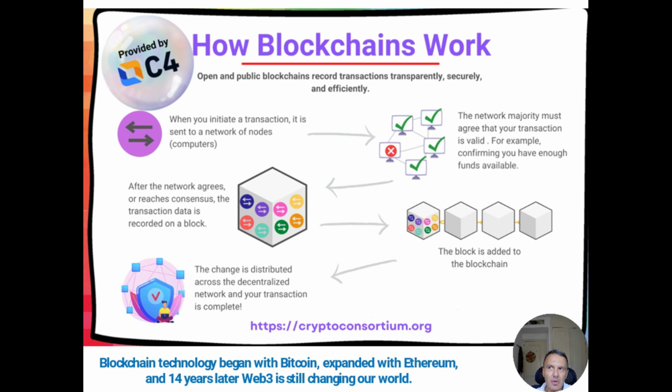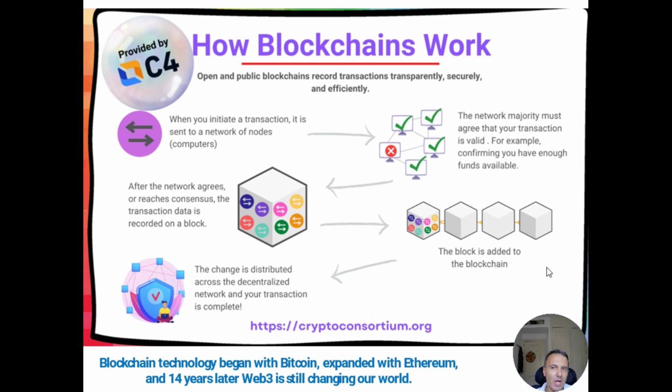Usually a group of those nodes are dubbed validators. That's the remit. They have to validate new transactions before they get recorded onto the public ledger in the blockchain. They need to validate that it is correct and authentic. Then the block gets added onto the blockchain.